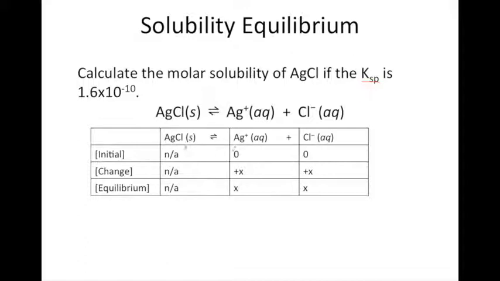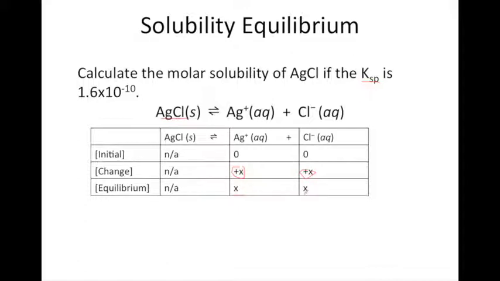Our initial concentration of silver chloride, well, this is not applicable since it's a solid, but our initial concentration of silver would be 0. Initial concentration of chloride ions would be 0. But as our silver chloride begins to dissociate, silver will be plus X, chloride will be plus X, so our equilibrium concentration will be X and X.